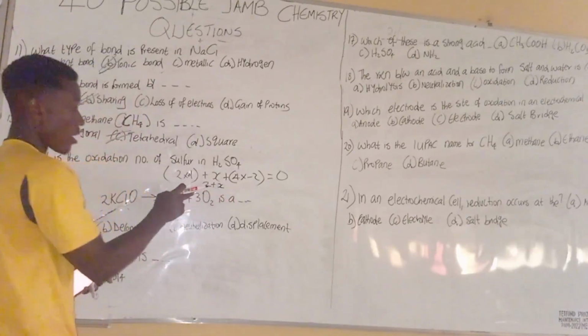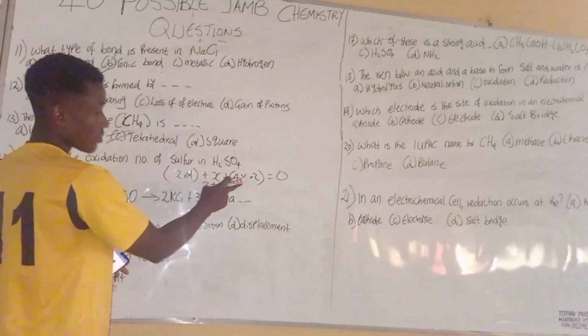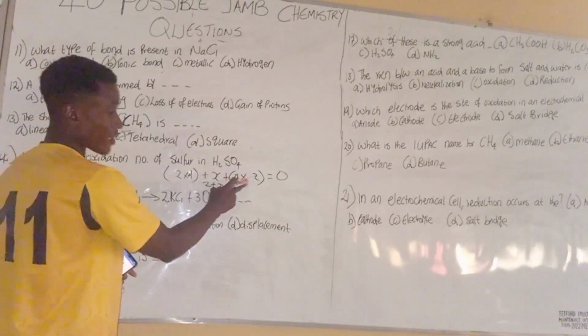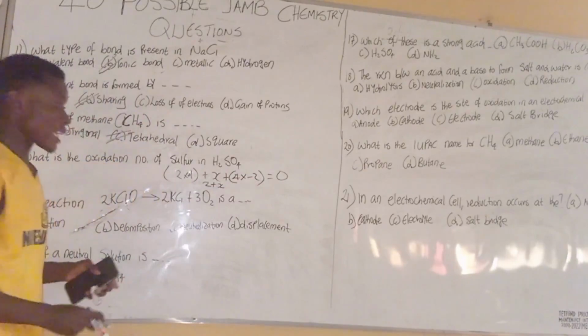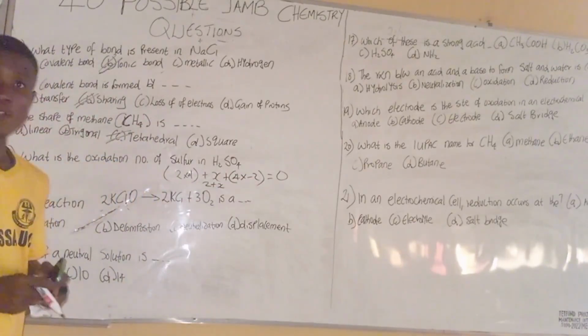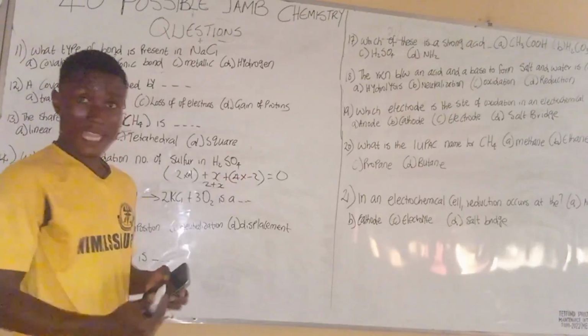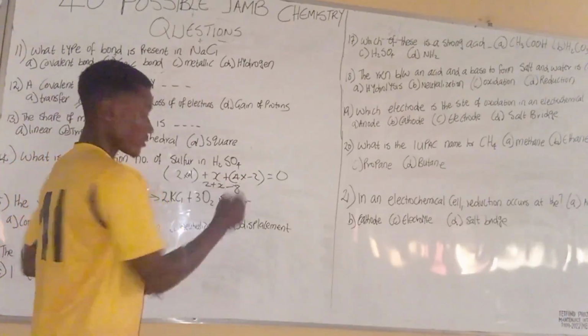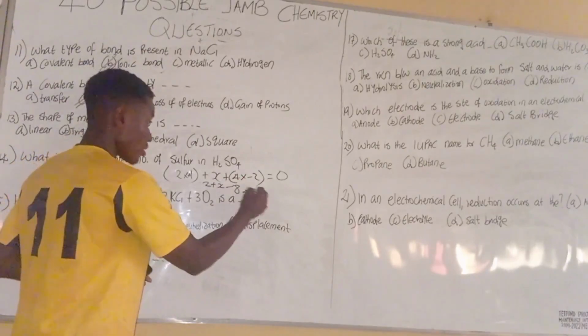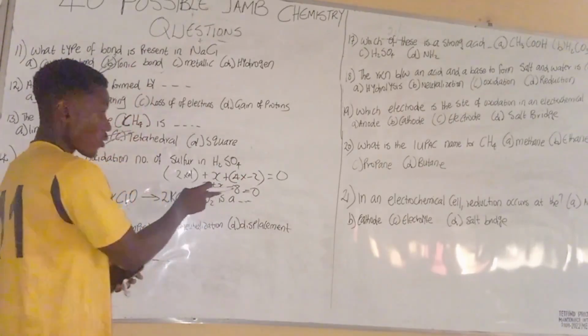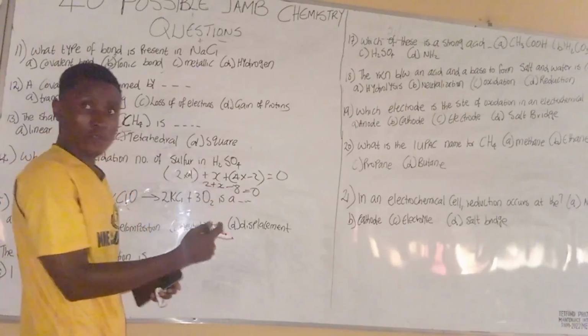So we have our 4 times -2, which is automatically going to give us -8. So 2 plus x, -8 is equal to 0. To continue, remember you collect like terms together.